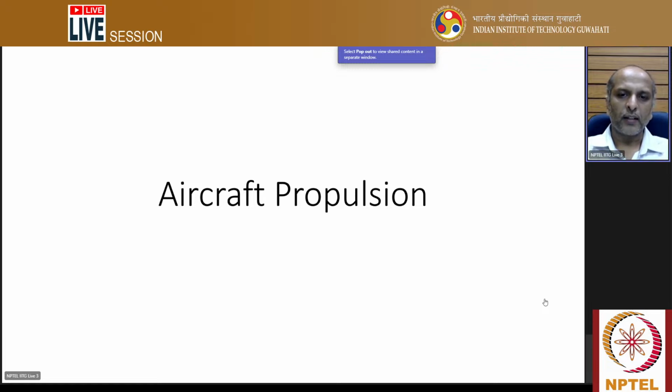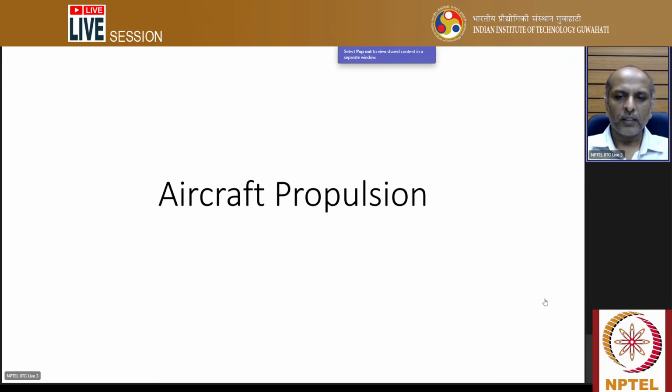Then we went ahead and discussed the different attachments for the improvement of performance of the Brayton cycle. Those attachments included multiple compressors, multiple combustions, and multiple turbines.